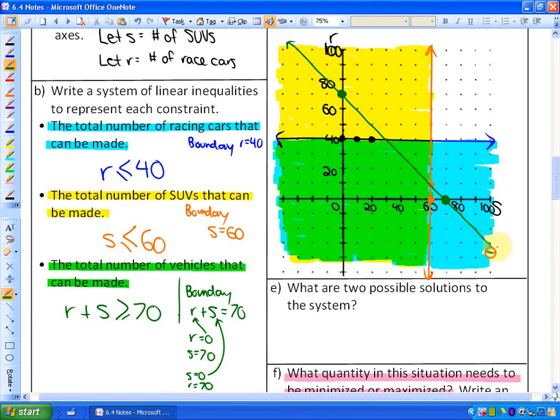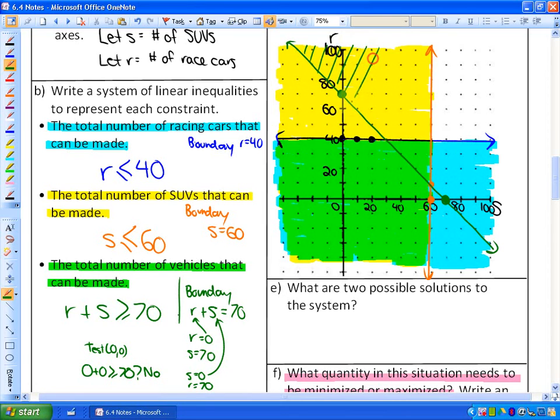And the last thing to ask yourself, you could use a test point or not, is which side of that line would be more than or equal to 70? Well, if I look at this point here, 0, 0, that would be not more than or equal to 70, so it's going to be the opposite side. Or in other words, if you really wanted to, you could test 0, 0, and ask yourself, is 0 plus 0 greater than 70? And the answer is no. So you'd shade the opposite side.